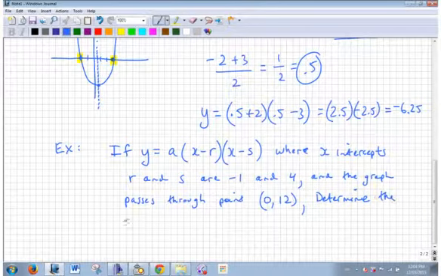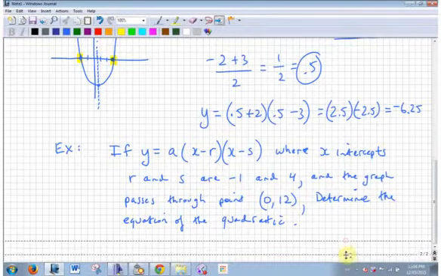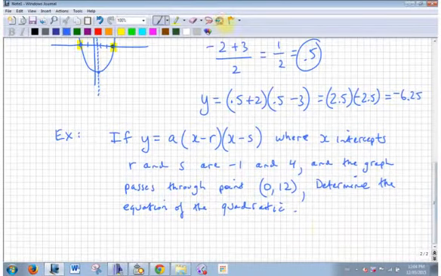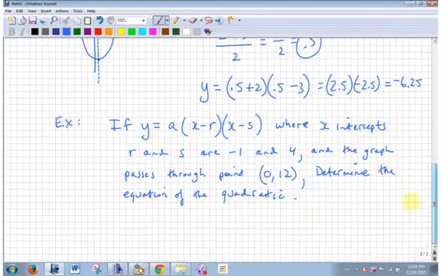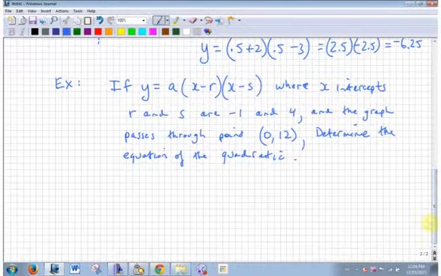Determine the equation of the quadratic. And if you didn't know it was a quadratic, well, now we're telling you. Okay?